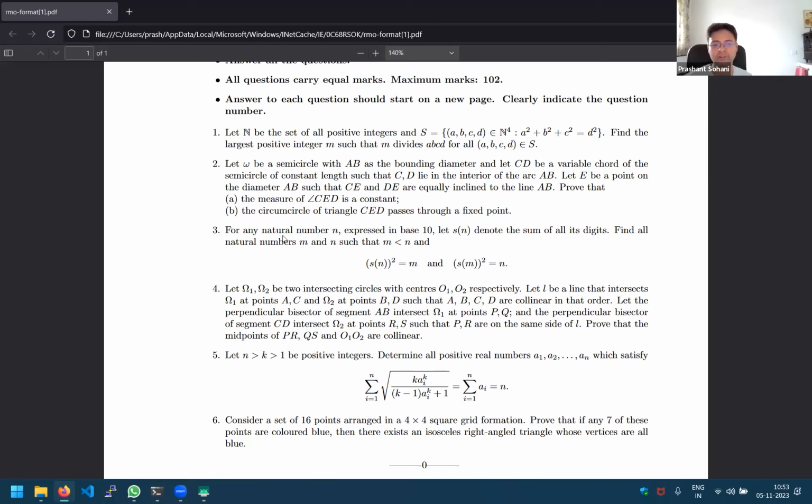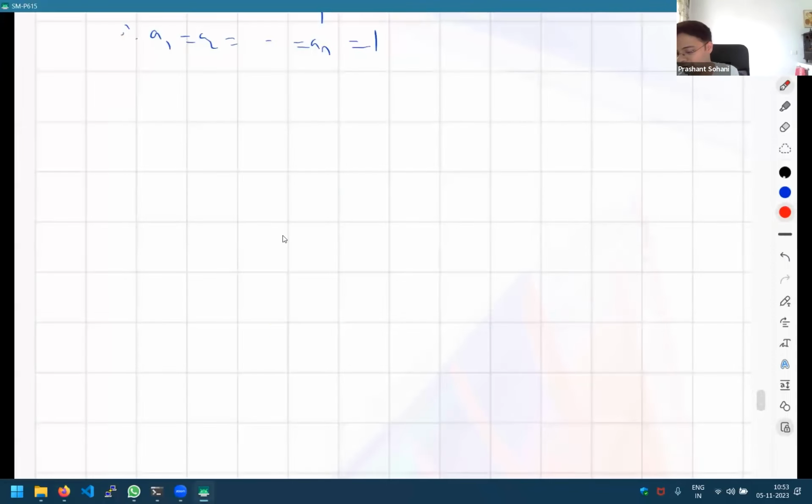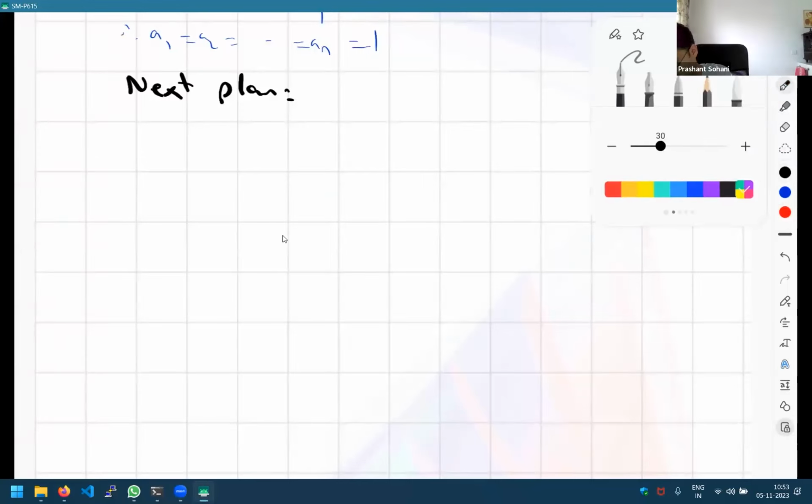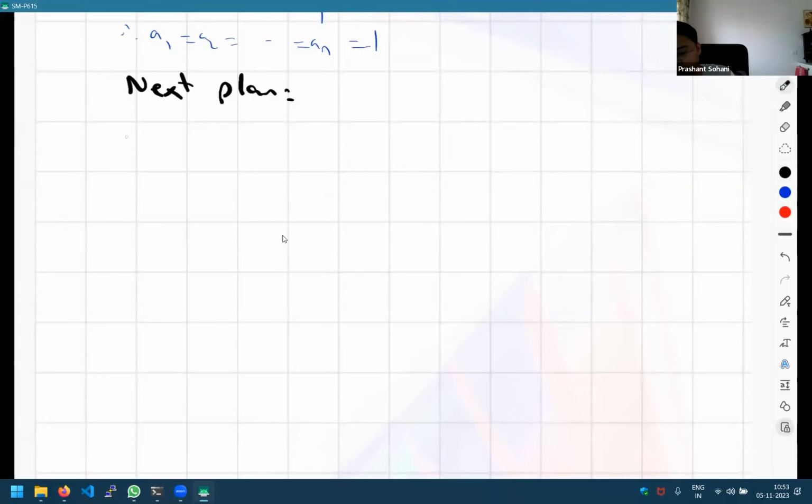So now the question for us is, what should we continue from next week onwards? I'll just suggest 2 or 3 possibilities, and I will allow you to vote on what, in your opinion, the next plan should be. So one thing is that we can continue with theory topics, because we are still studying only geometry.